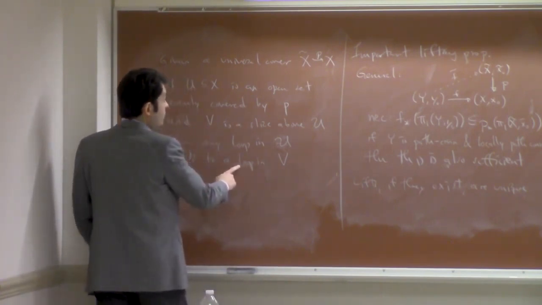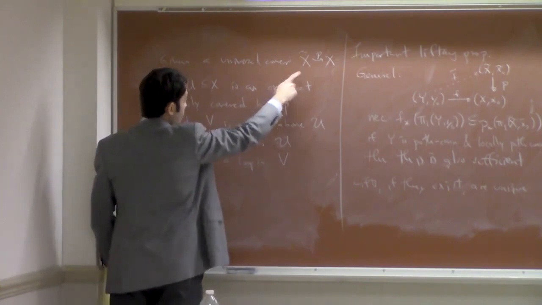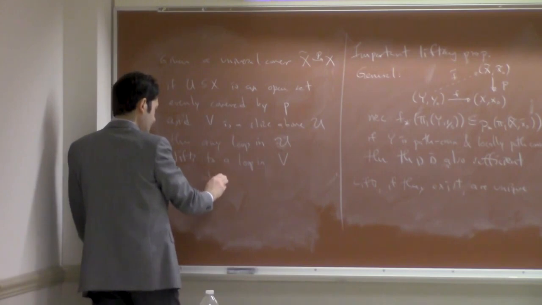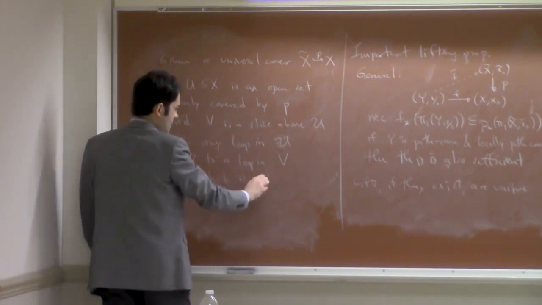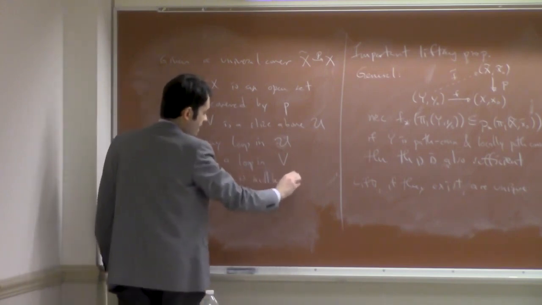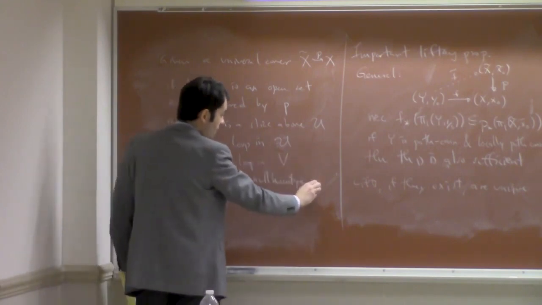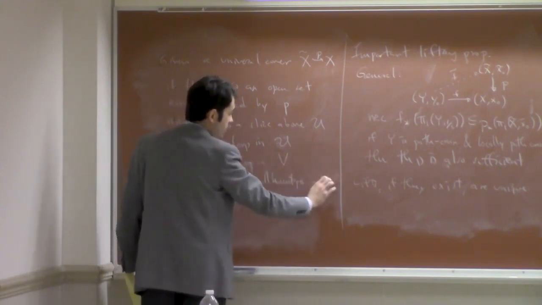But of course, since X tilde is simply connected, this loop is null homotopic. I don't know if it's null homotopic in V or not, but it's null homotopic in X tilde.